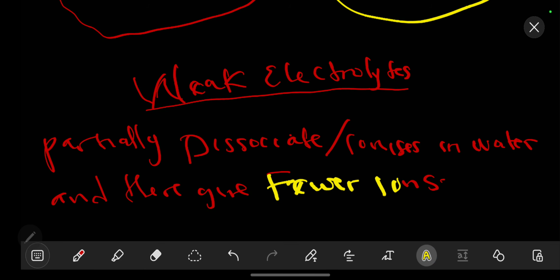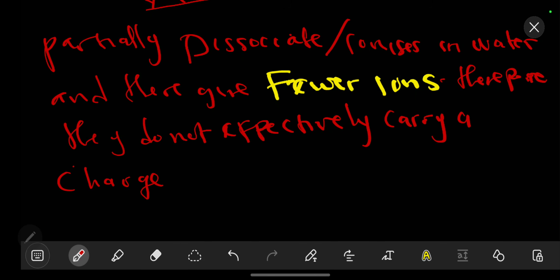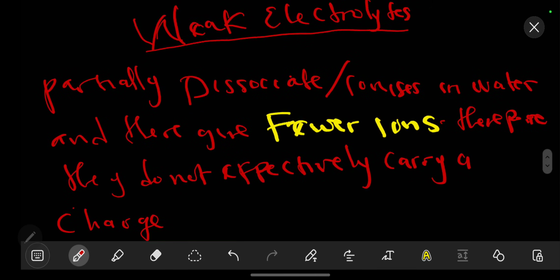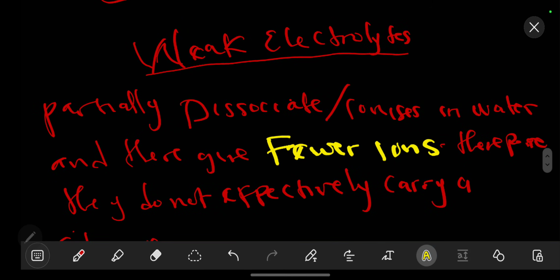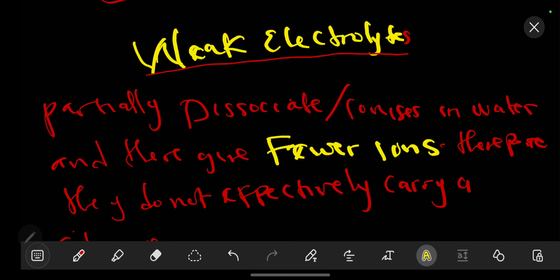When the ions are fewer, it simply means they do not effectively carry a charge. So that's the way it is. They do not effectively carry a charge. That is what we refer to as a weak electrolyte.